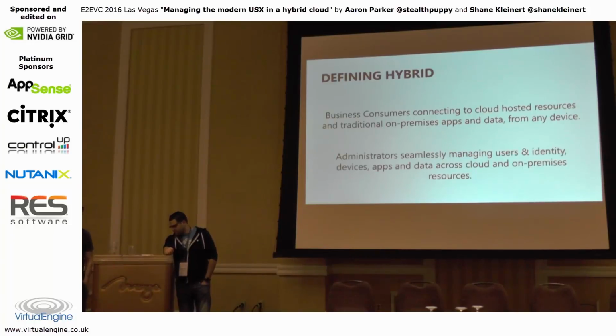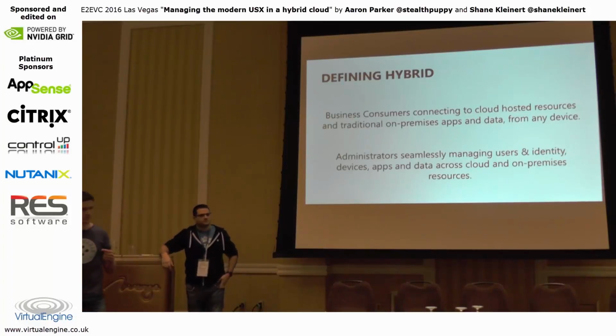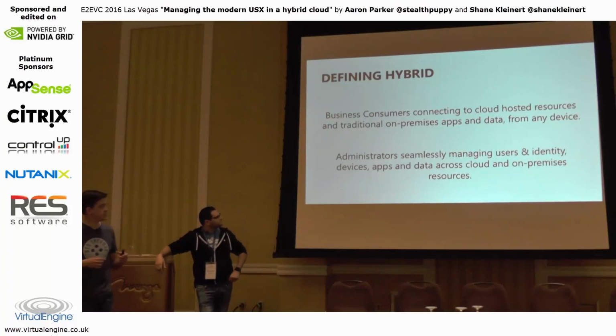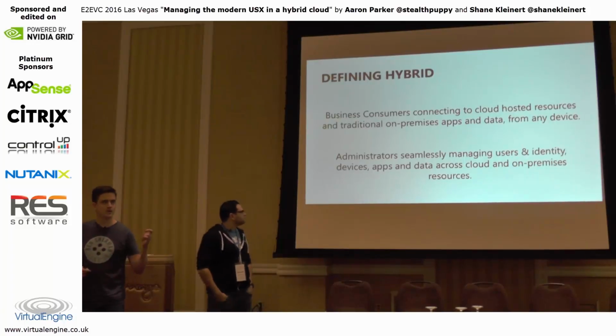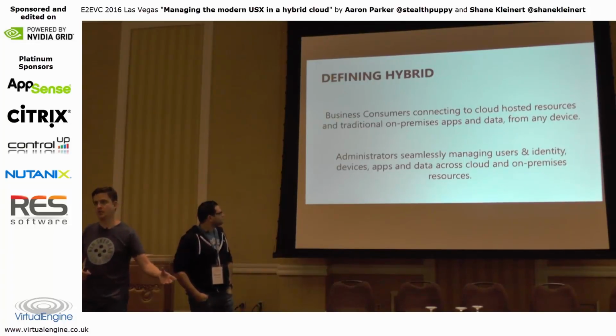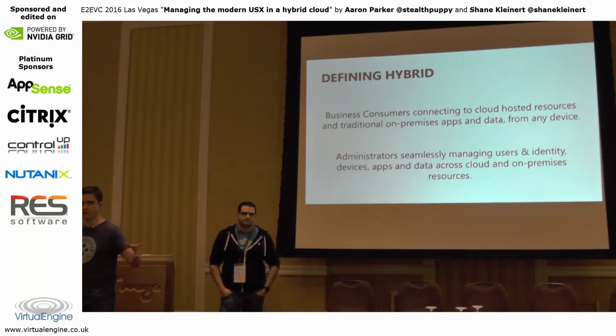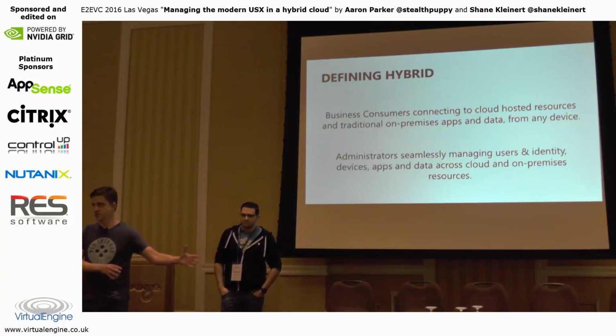The second one, and this will be key as we talk about the different components of what we see as hybrid, is the administrator experience. So the administrator has the ability to manage on-prem resources and cloud-hosted resources, especially for those organizations that are moving from hybrid to cloud, or have traditionally been on-prem and are consuming cloud resources.